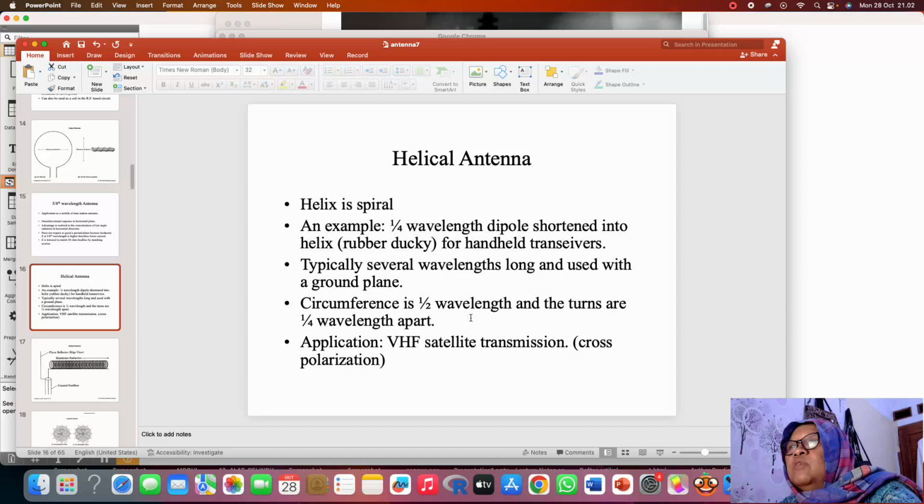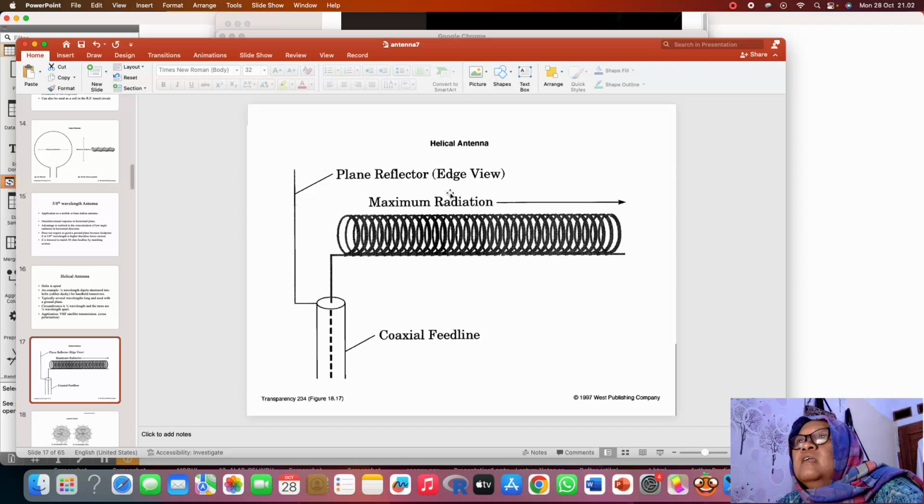Circumference is 1/2 wavelength, and the turns are 1/4 wavelength apart. Application: VHF satellite transmission, cross polarization. Now this is the helical antenna. This is the coaxial feed line, this is the maximum radiation, and this is the reflector.